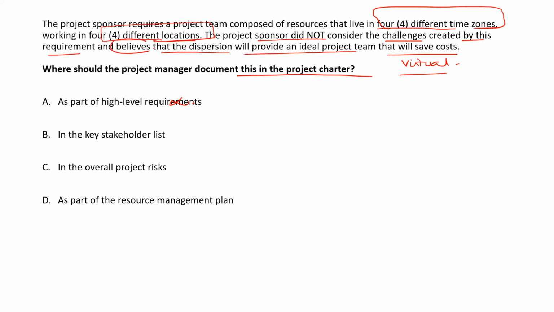Believes is the answer. If you can translate believes in something, this is the answer. What you believe means assumptions. Come on, now I gave you the answer.